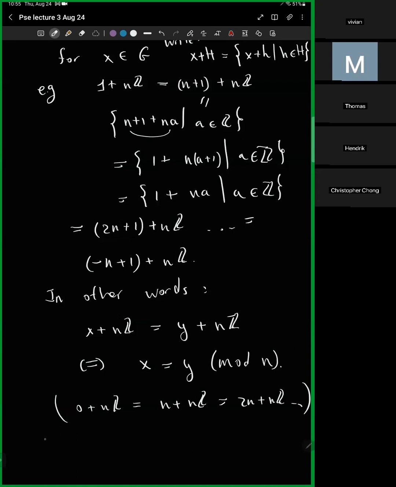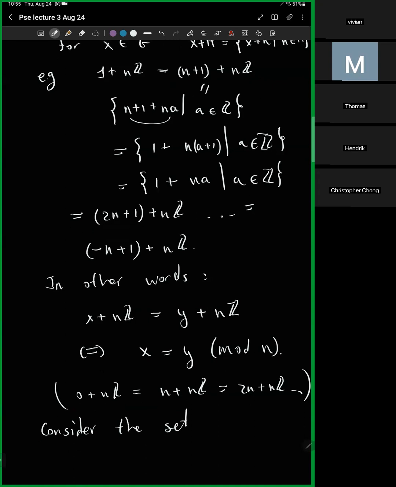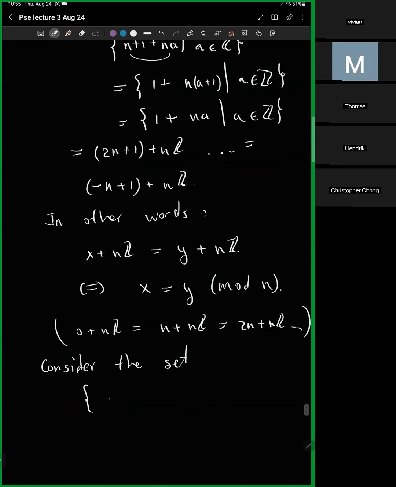Now, consider the set of all cosets of nZ where x is in Z. This is a set of sets, right? We talked about it in the first lecture.